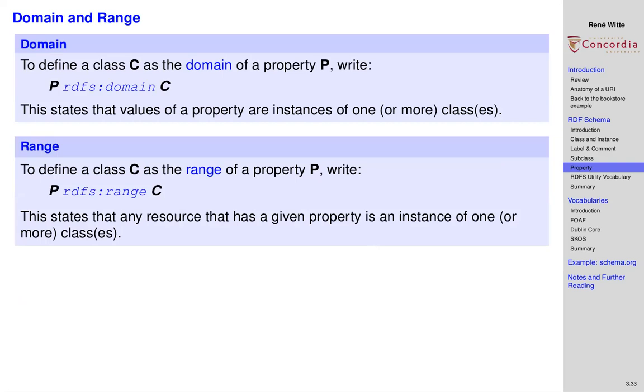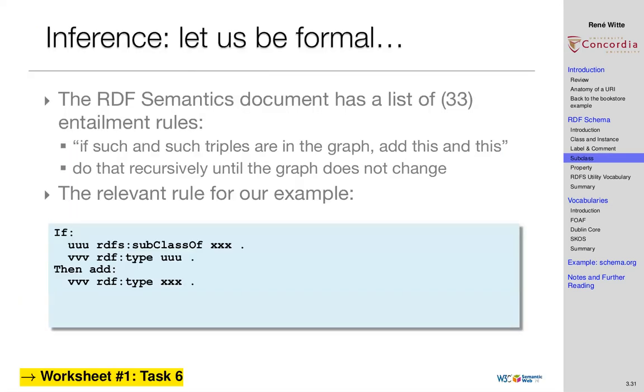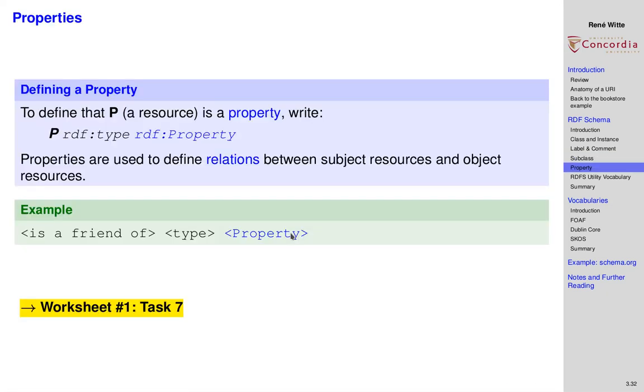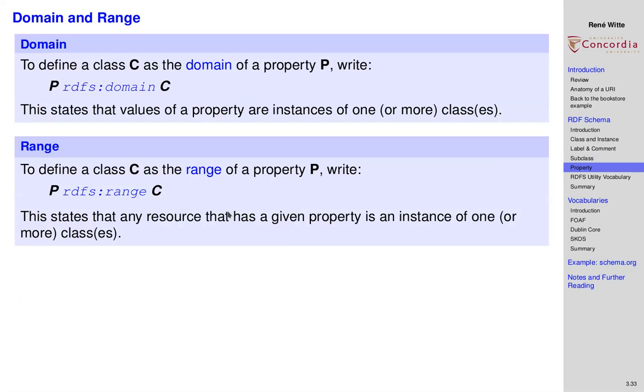to address the problem on the worksheet, this task number 6 problem, we have to also define for a property what we can put in the domain and in the range slot. So what can be the subject and the object that goes with the property. So if you have a property like studies at, then in the subject side, you have to have a student, and on the object side, you have to have university.